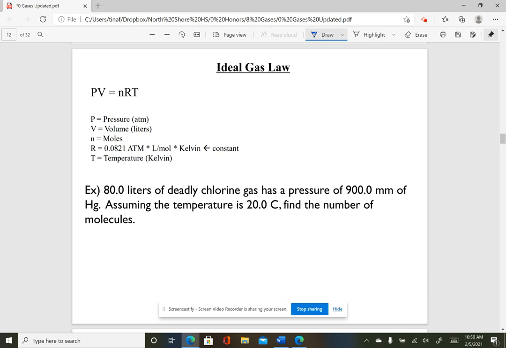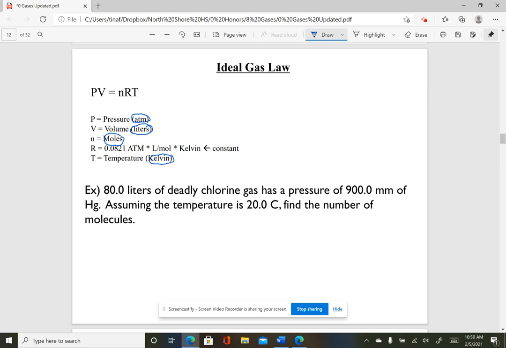Right here, I gave you what all of those letters stand for, and it's important, guys, that I also gave you the units. These are the units that everything has to be in before you plug any numbers into this equation. So basically, if you know 4 things about a gas, you can always calculate the other thing about it. Okay, that's what this equation is all about.